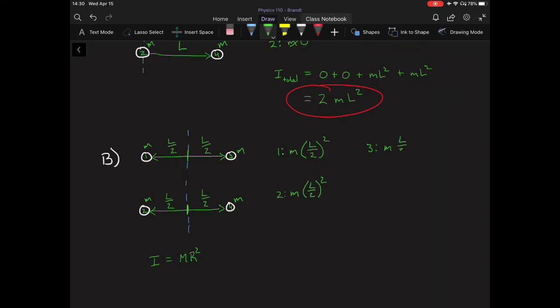And 4, m L over 2 squared. So our I total is equal to, since they're all the same, I'm just going to write it as 4 times m L over 2 squared. And if we reduce that down, what we wind up with is ml squared.